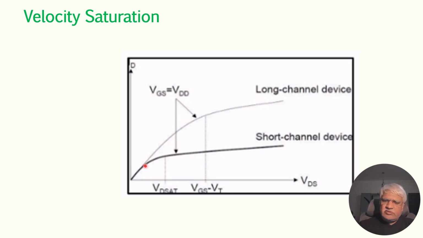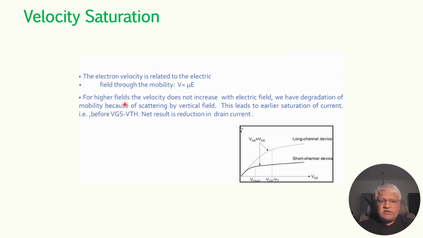So the main reasons for this are, as you know, the drain current is modeled in a MOS device as mu into electric field, where E stands for electric field. So this is the drift velocity of the electron.